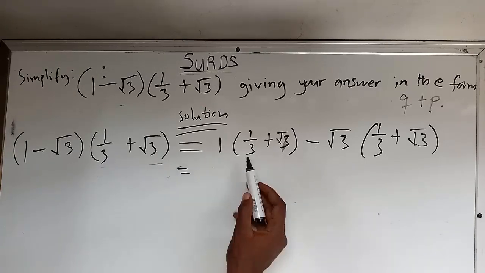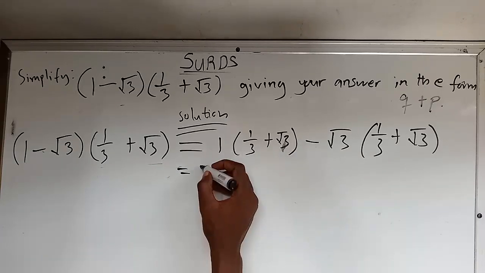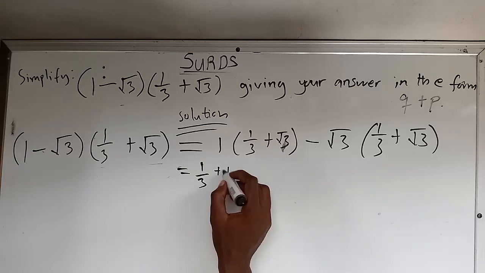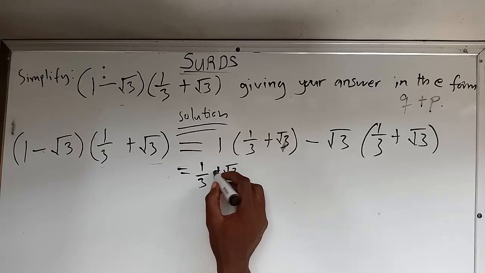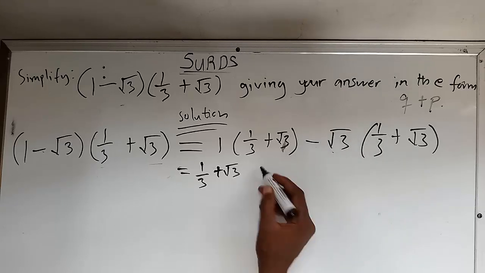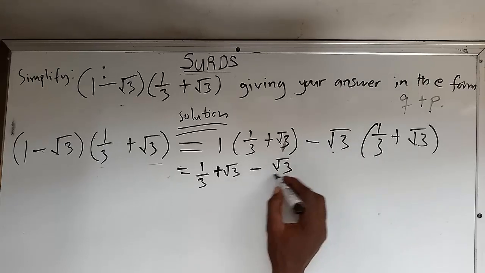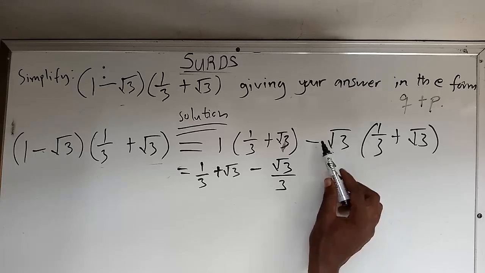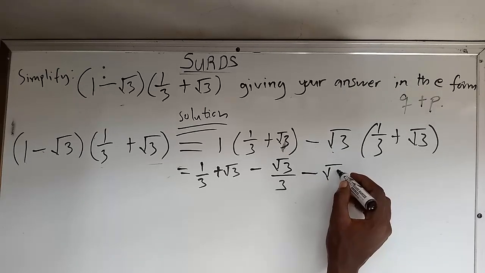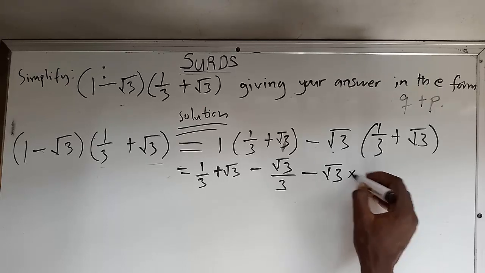This time, this will be equal to, 1 times anything is the same thing. Then this will multiply this, so we get minus root 3 over 3. Then this will multiply this, we get root 3 times root 3.